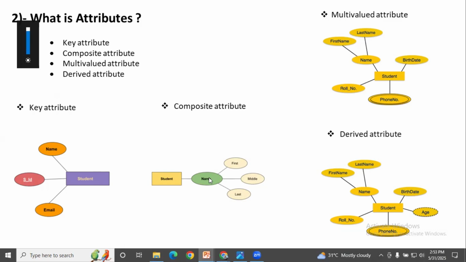We can take an example: your name has first name, middle name, and last name. When we come to the multi-value attribute, you can take an example like this: you have one or more phone numbers. So in this attribute, you have more than one value in one attribute.